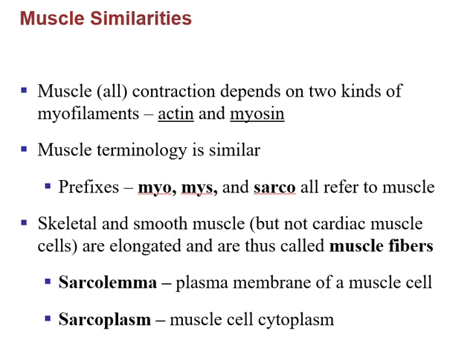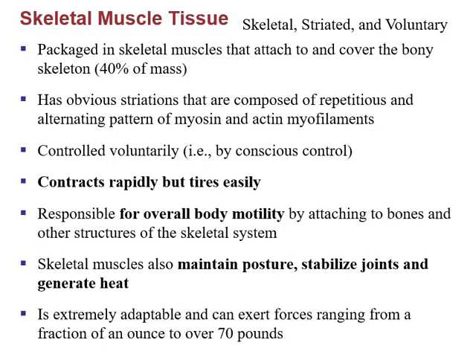Prefixes like myo, which you see in myosin, mys, which is in epimysium and is more of a suffix but can be a prefix, and sarco, like sarcoplasm, which is muscle cell cytoplasm, or sarcolemma, which is the plasma membrane of a muscle cell. So these are some muscle similarities. Not only do they have actin and myosin, but they use similar terminology.